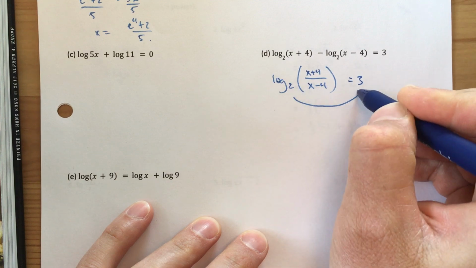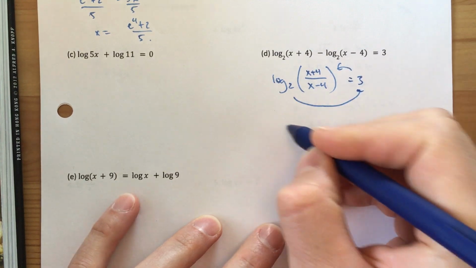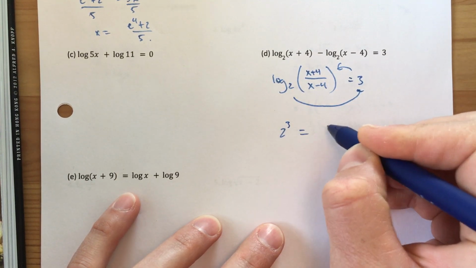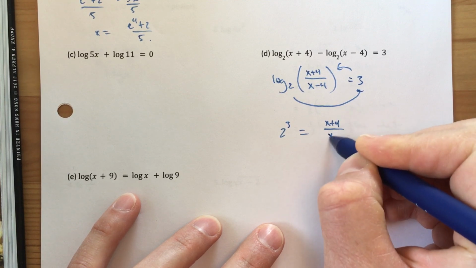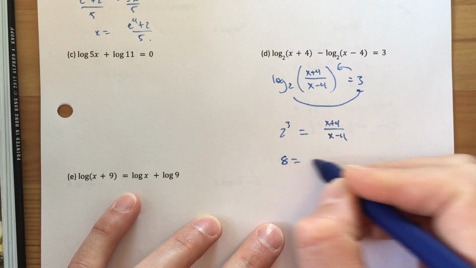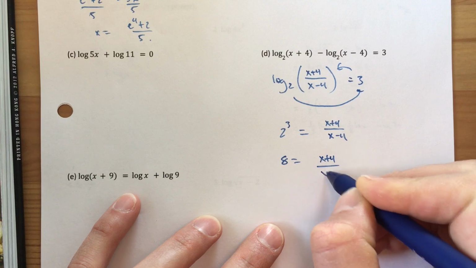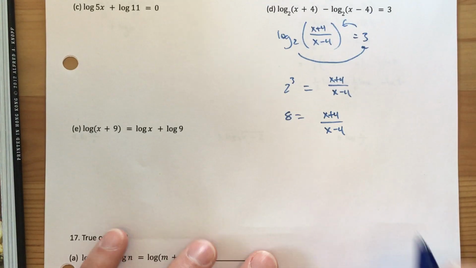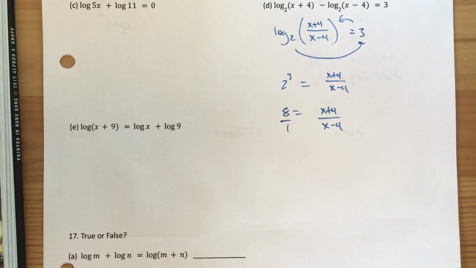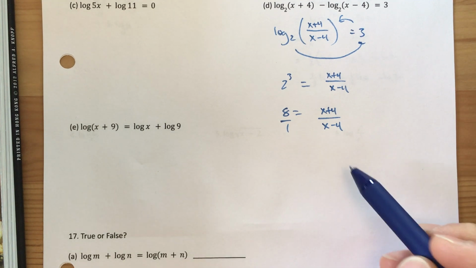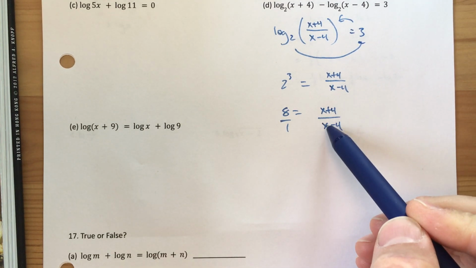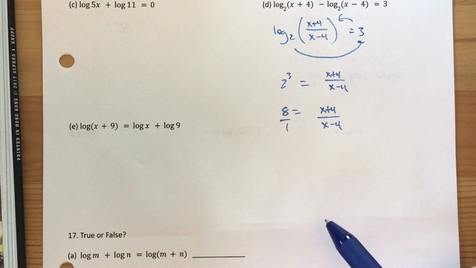Now I can convert it to exponential form and get 2 cubed equals (x plus 4) over (x minus 4). So 8 equals (x plus 4) over (x minus 4). Now this is 8 over 1 equals that. So one thing I could do is use a cross products property and say this times this equals this times this.